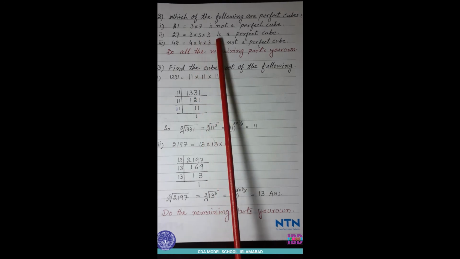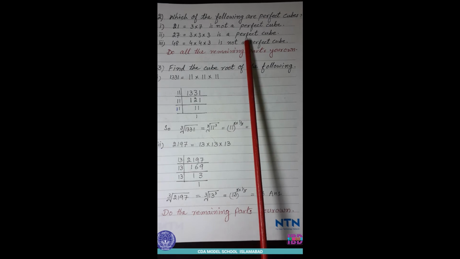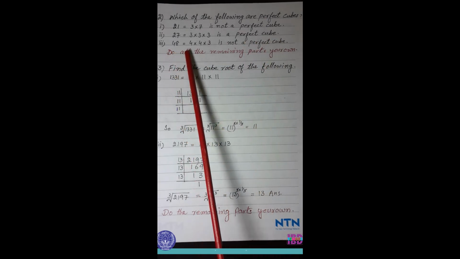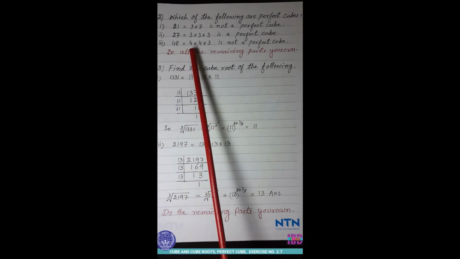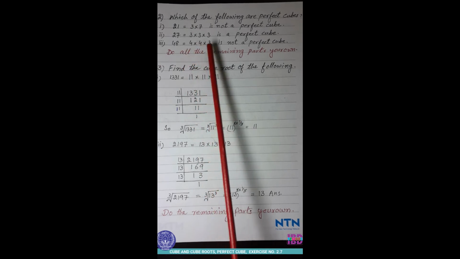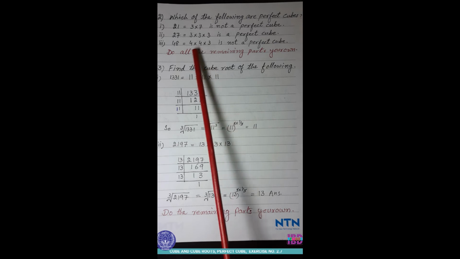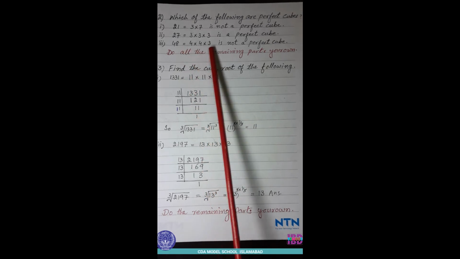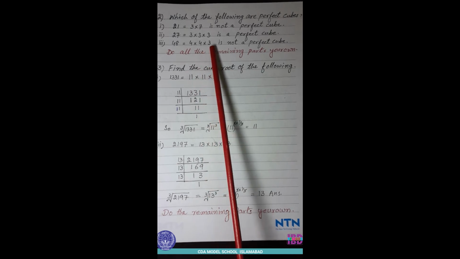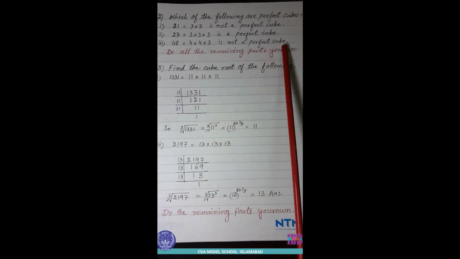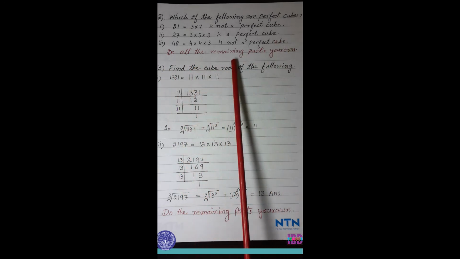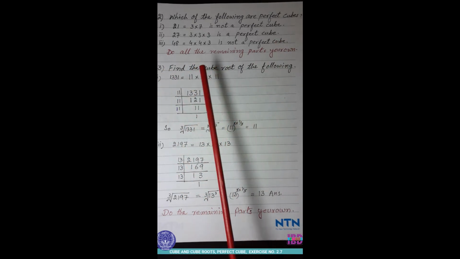It is a perfect cube. Number 3, 48. Factors are 4, 4 and 3. It is not a product of 3 times the same number. Hence it is not a perfect cube. Do all the remaining parts on your own.